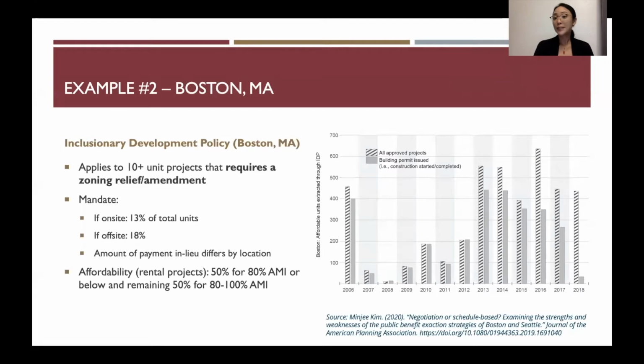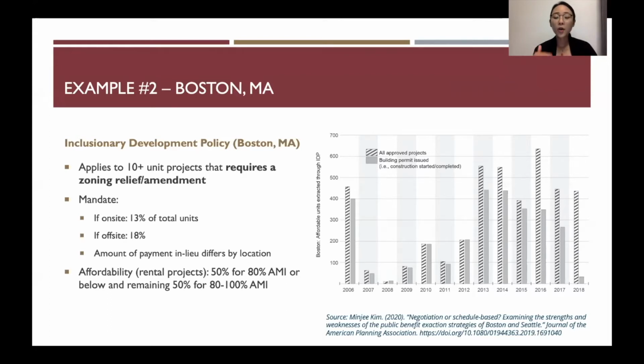Anyway, inclusionary housing policy in Boston was put into practice in 2001 by former Mayor Menino, and it applies to any projects that are over 10 units. So that's a pretty low threshold, if you recall the Denver example, which was 30 units.